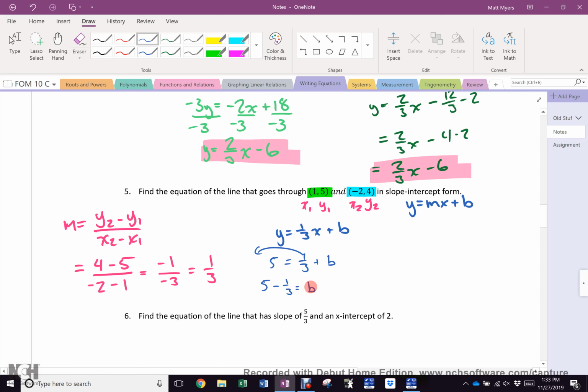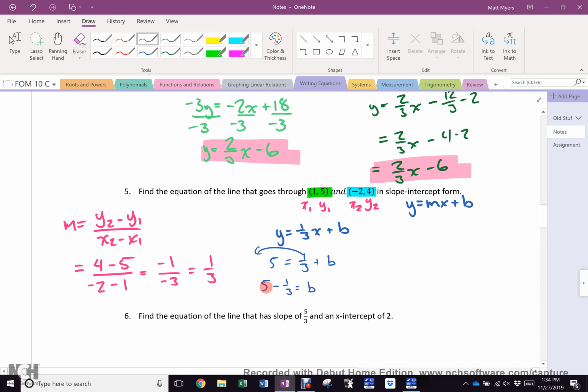Now some of you will look at that and say, ugh, I can't do fractions. But you can. Because what is 5 take away a half? If I have $5 and you take $0.50 from me, how much do I have left? 4.5, right?